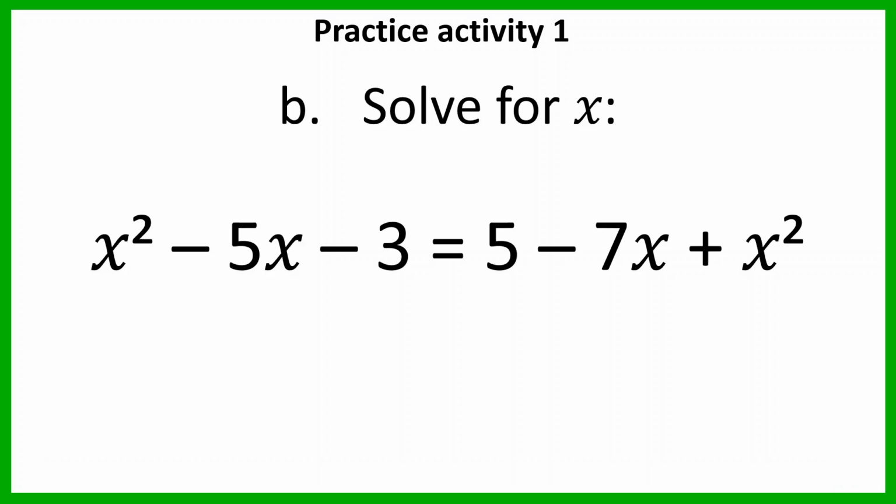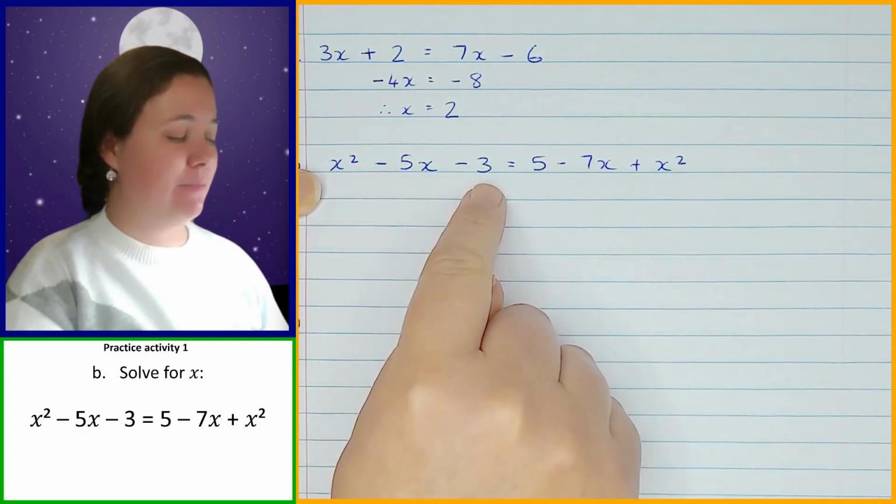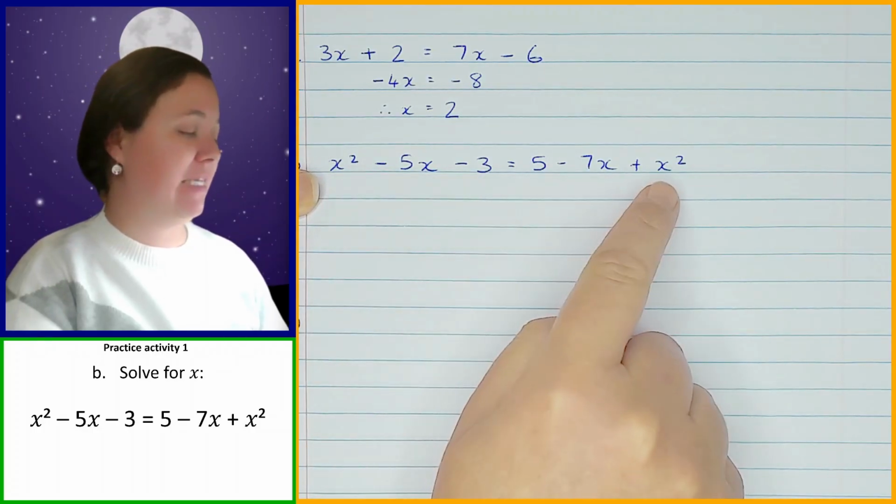Okay, so let's go through that question and see what you should have got. Right, so over here, I've got x squared minus 5x minus 3 equals 5 minus 7x plus x squared.